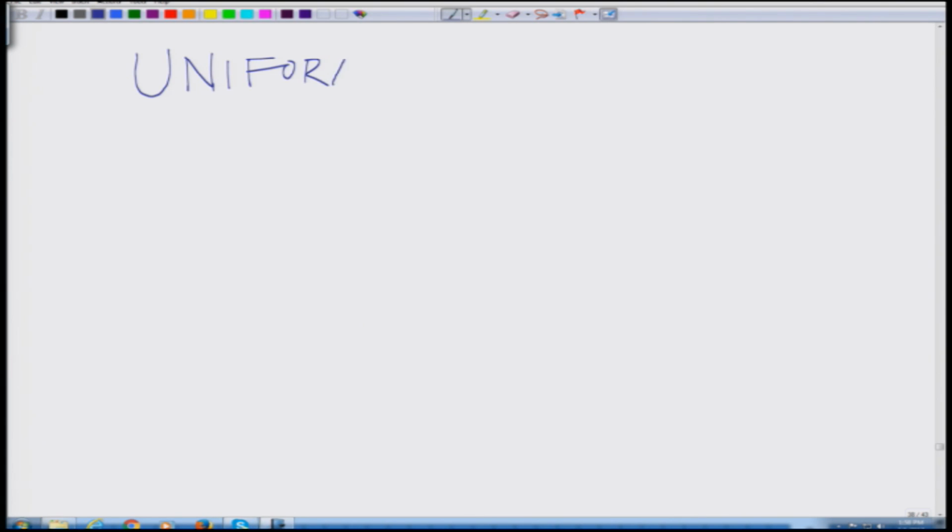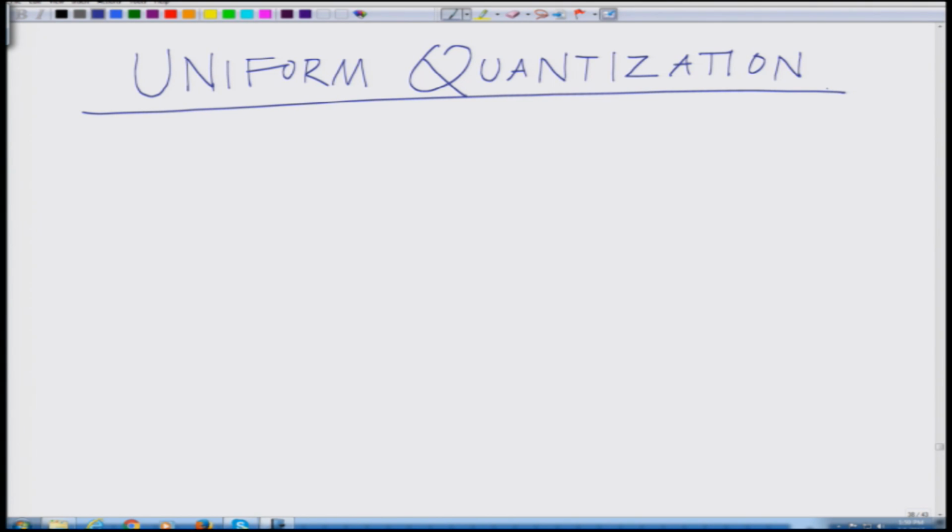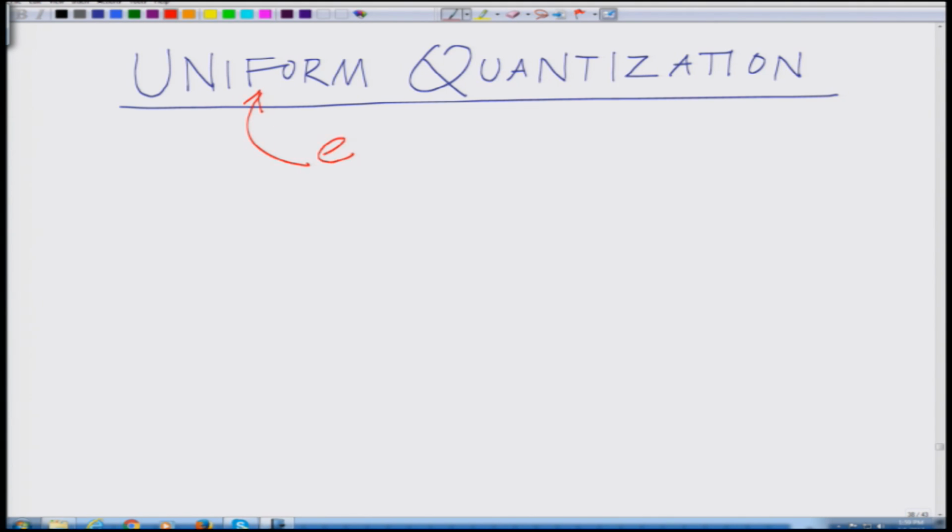Previously, we have seen uniform quantization with an odd number of quantization levels. So, let us now look at uniform quantization with an even number of quantization levels.